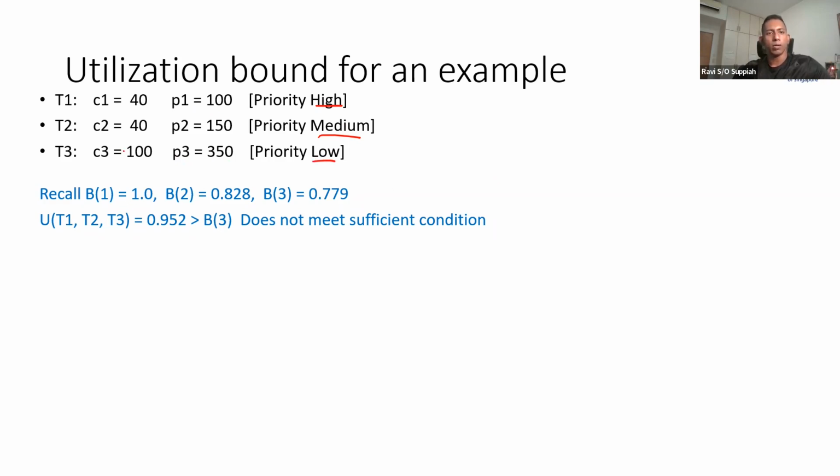Now for 3 tasks, n equals 3, so I need to look at this utilization bound. If I compute the utilization, how do you get 0.952? It is 40 over 100 plus 40 over 150 plus 100 over 350. So you'll get 0.952.